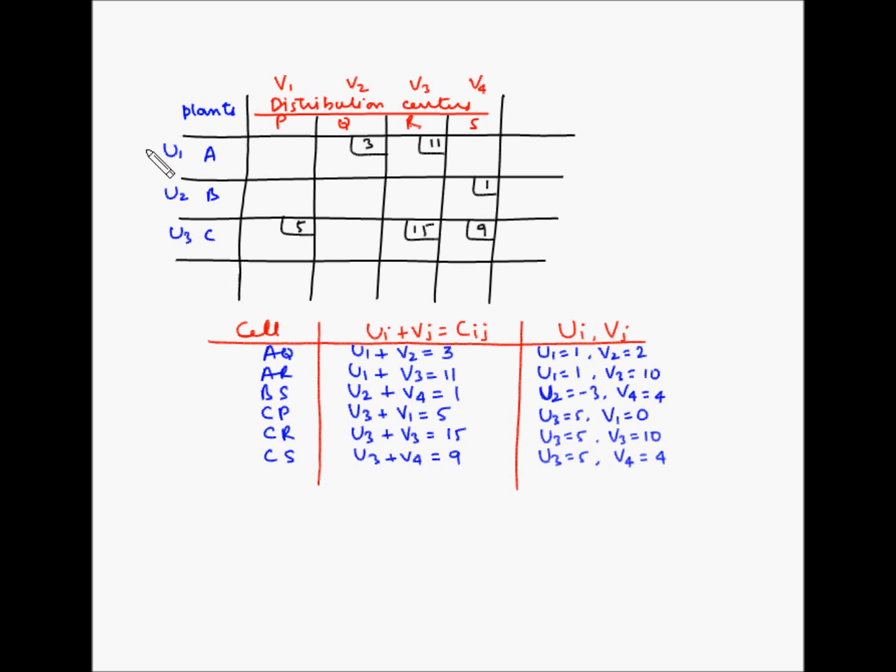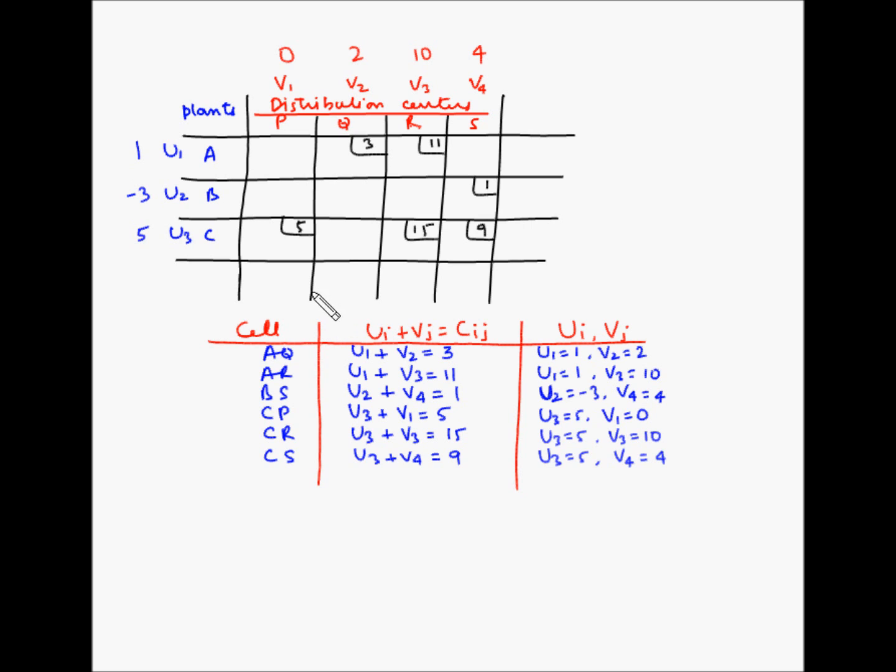So U1 is 1, U2 is minus 3, U3 is 5, V1 is 0, V2 is 2, V3 is 10 and V4 is 4.